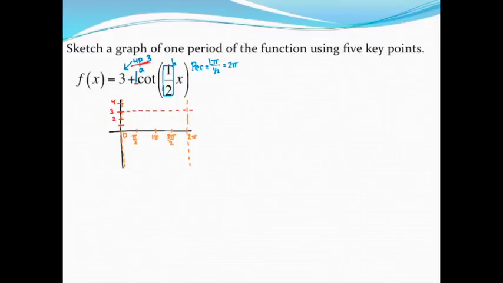Using all this information, I can now get a sketch of what my cotangent function looks like. Notice this one, too, has not been reflected. Since the a value is positive, this graph has not been reflected, so it'll follow the normal curve of a cotangent wave. So let's go to my center point, pi.